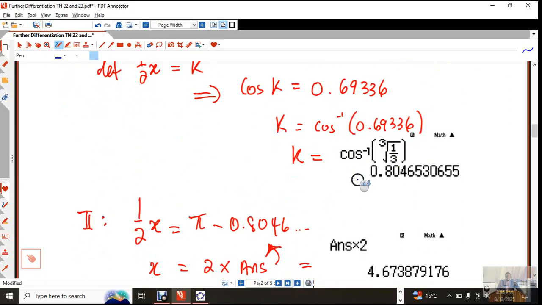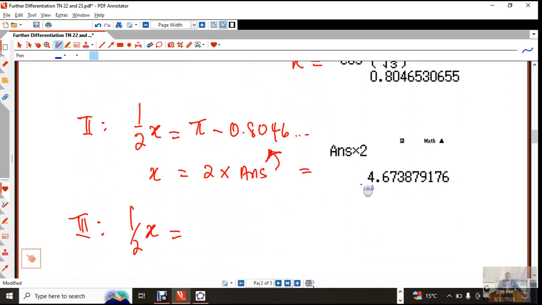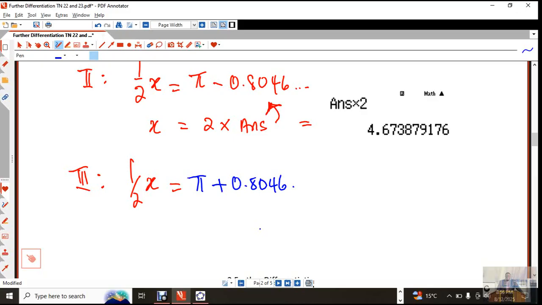So that would be, in blue, pi plus our k, which was 0.8046 and so on. And once we have that answer, we are going to multiply that answer by 2. Maybe I say that's the first answer. And let's see what we get when we do that.